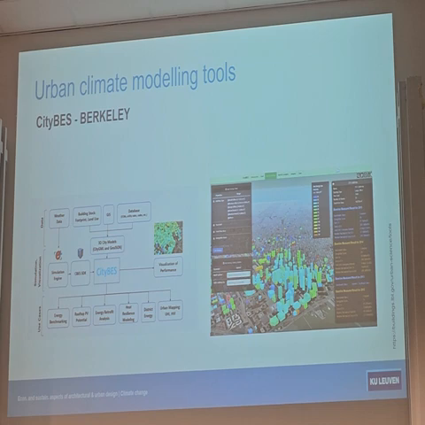Another example of a modeling tool is one from the University of Berkeley. It's CityBES. It's a bit of a different model in the sense that they really start more from an urban design perspective, where you can add weather data for one location, and then you see how the city impacts that weather data. So it's a bit similar to what we have with dynamical downscaling.